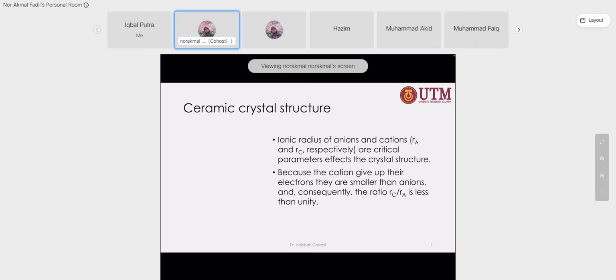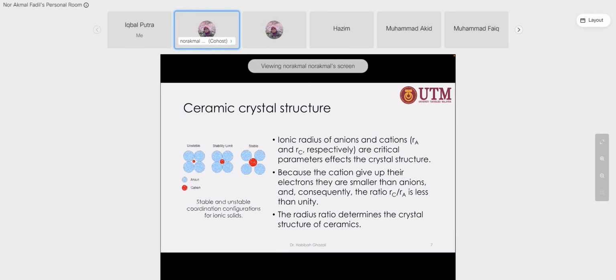Because the cation gives up its electrons, it becomes smaller than an anion, and consequently the ratio between the cation over the anion is less than unity, which is less than 1. The radius ratio determines the crystal structure of the ceramic.